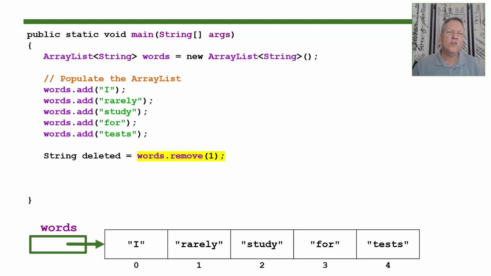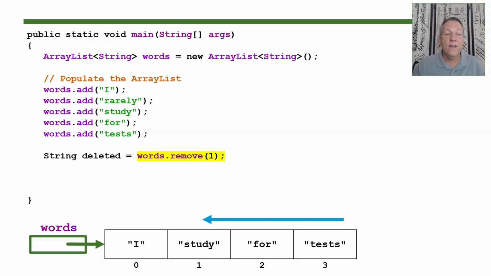And then notice I also assigned it to a string called deleted so I can capture the word that is getting removed because that does get returned when the remove method concludes. And you'll notice that when that happens, the word rarely is deleted and then everything slides down to the left, filling in the gap left by the deleted word.